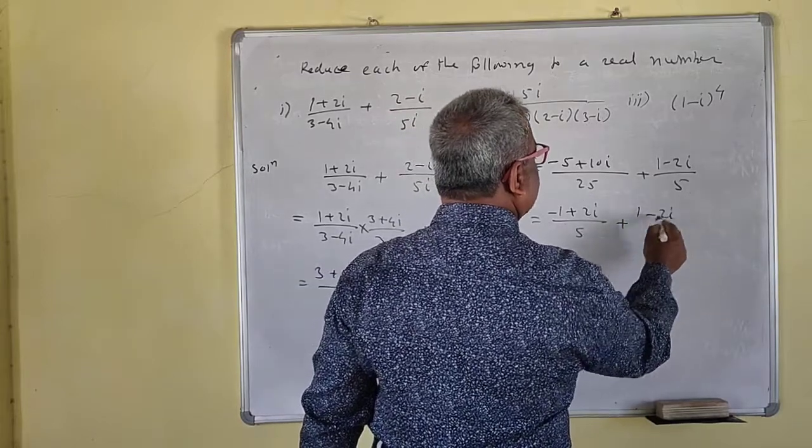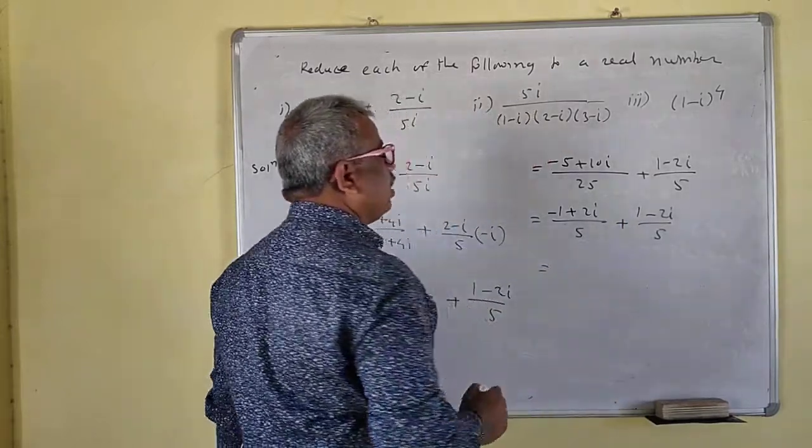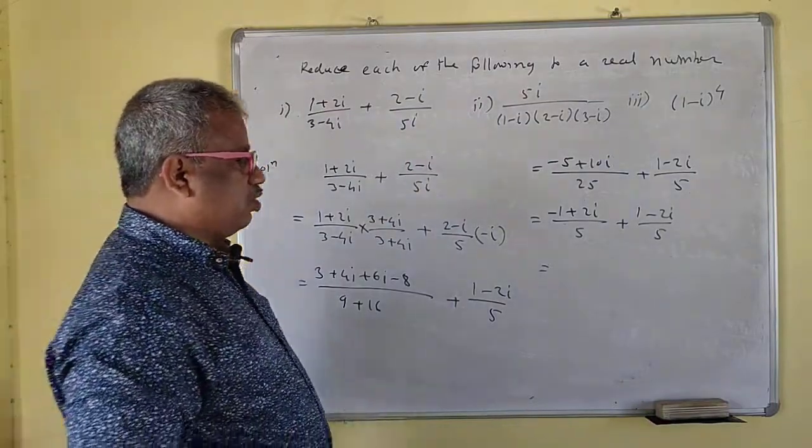1 minus twice I upon 5. Both the denominators are same. We'll take the addition of the numerator.